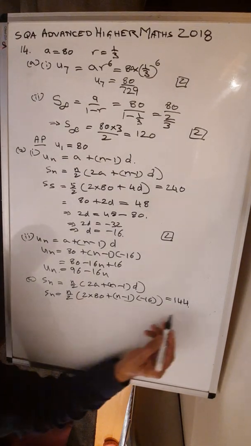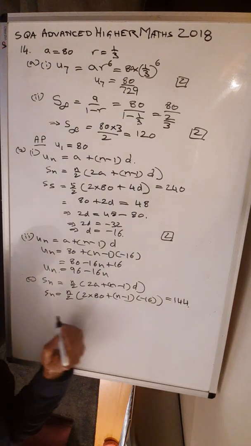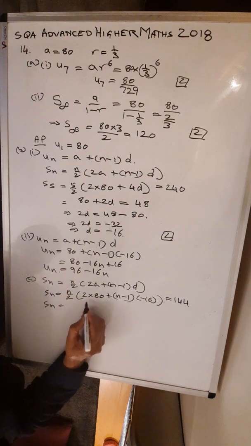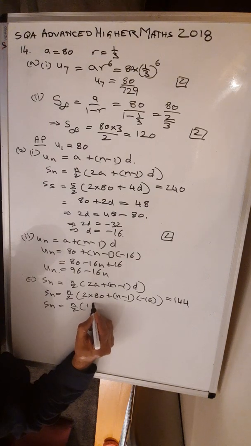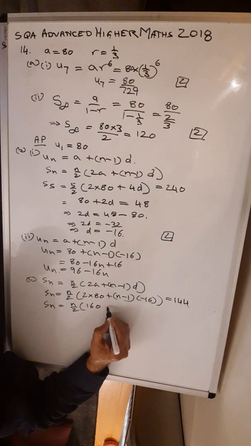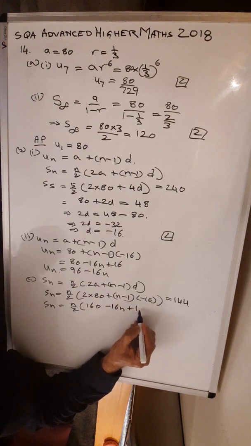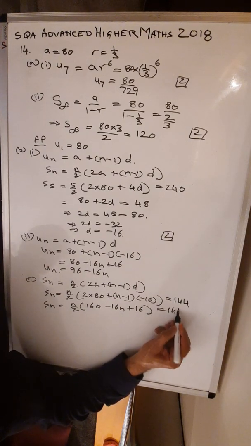So you've got this, take that to the other side and multiply it, or you can divide these out. Let's simplify this a bit. n over 2 times 160 minus 16n plus 16 equals 144.